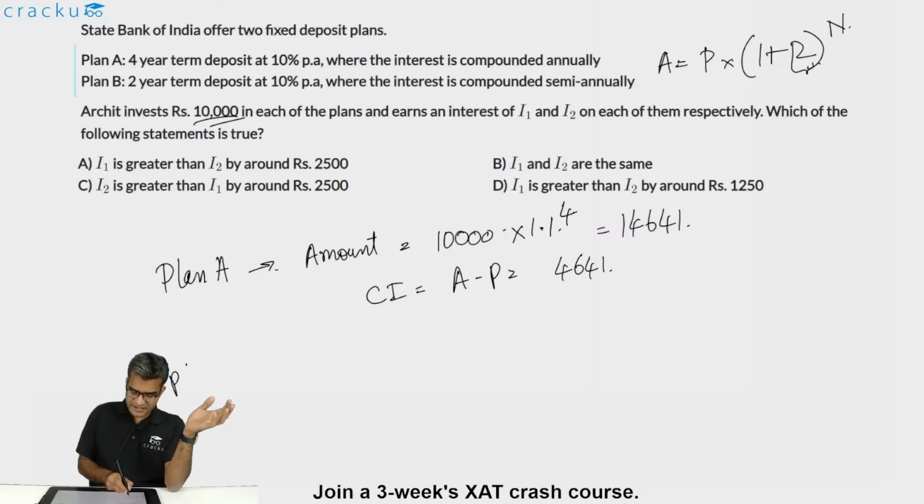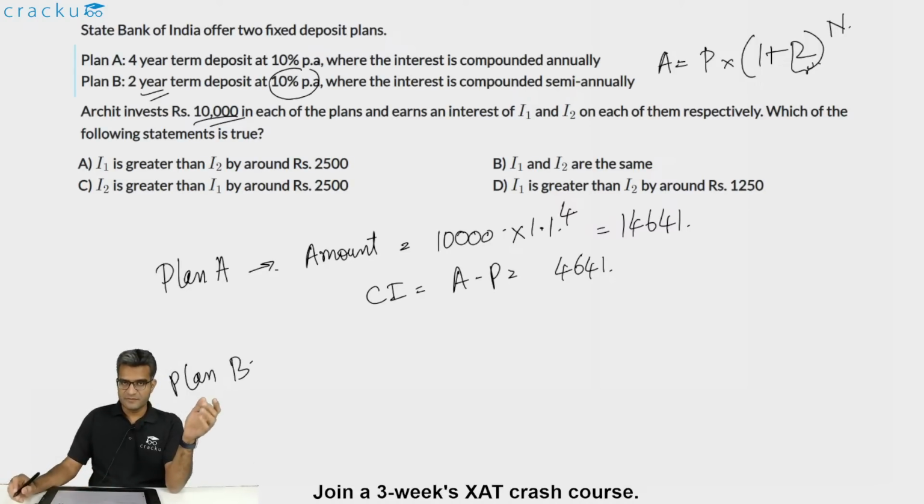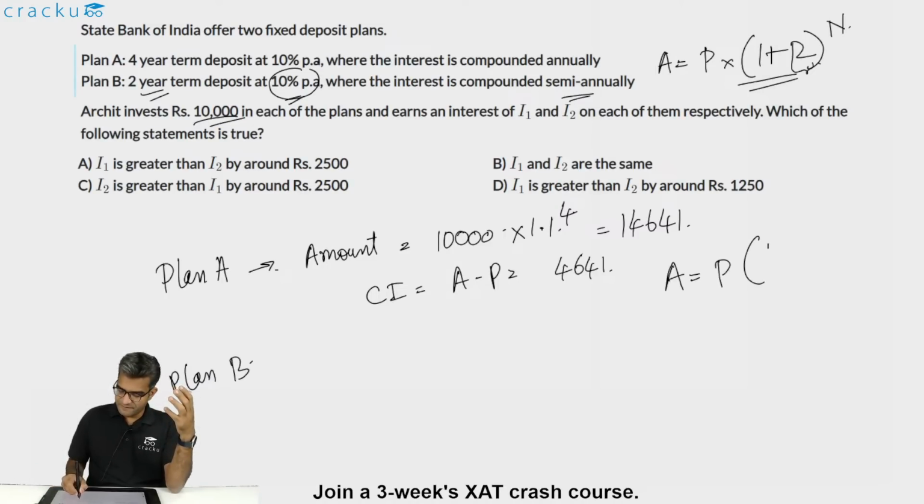In plan B, the amount is invested only for 2 years. The rate of interest is the same. But because it is compounded semi-annually, the effective rate of interest will be half of this. This is basically when the interest is compounded annually. If it is compounded semi-annually, the amount will be P into 1 plus R by 2 to the power 2n.